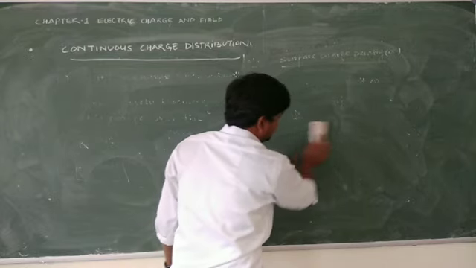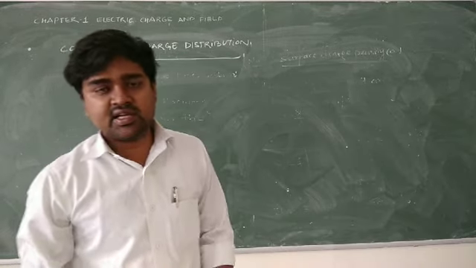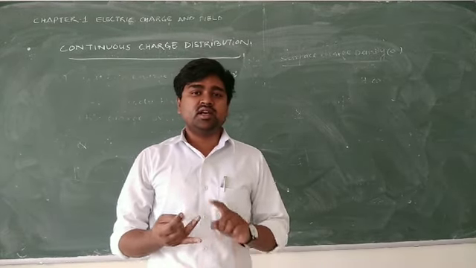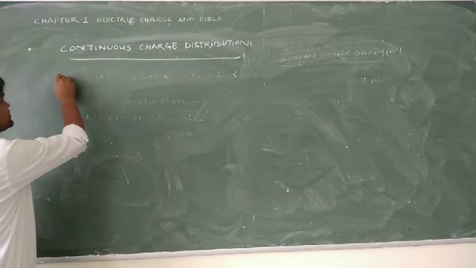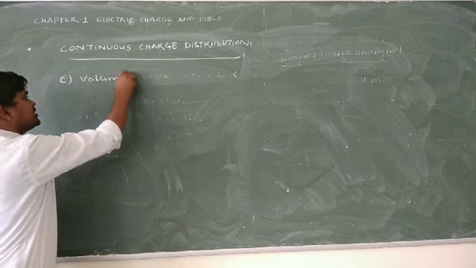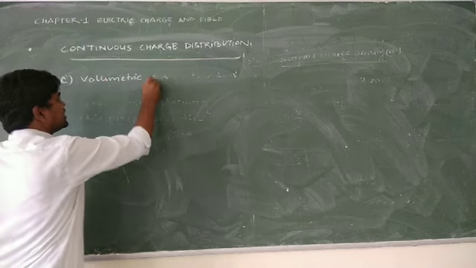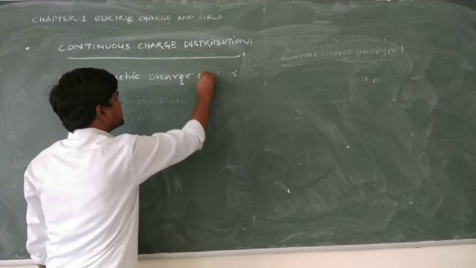And in both the types of distributions, we have two main definitions, that is the linear charge density and the surface charge density, right? So now the third one is volumetric charge distribution.